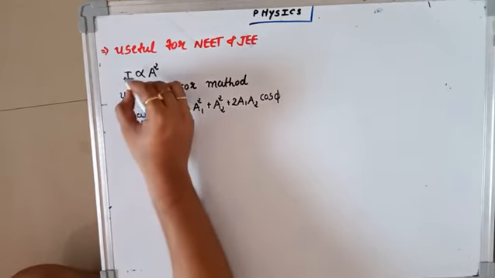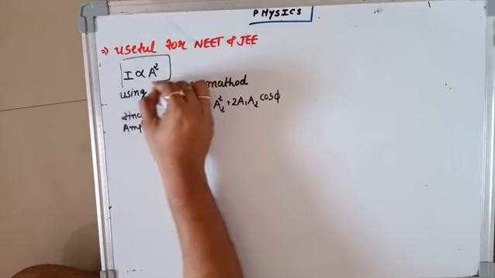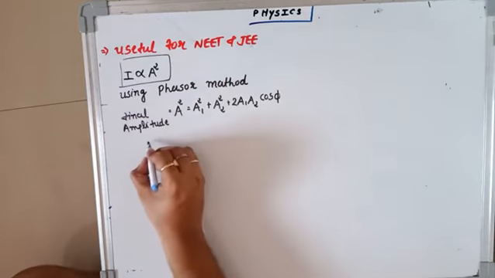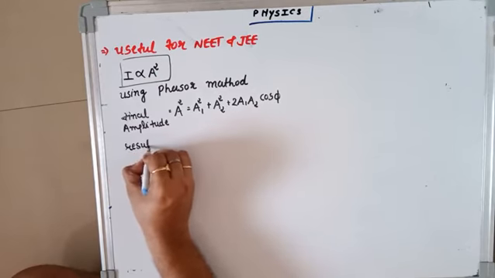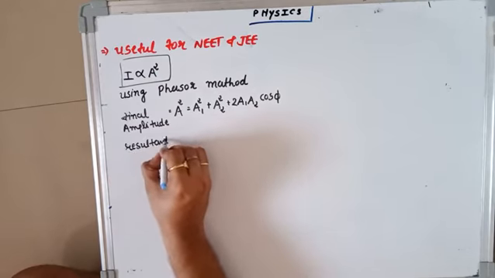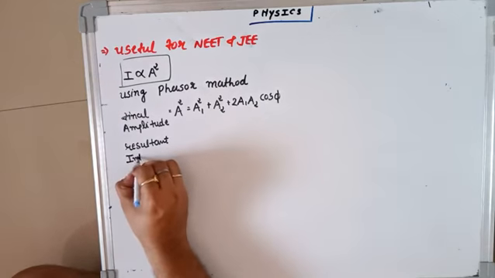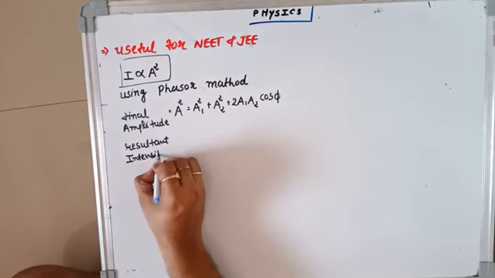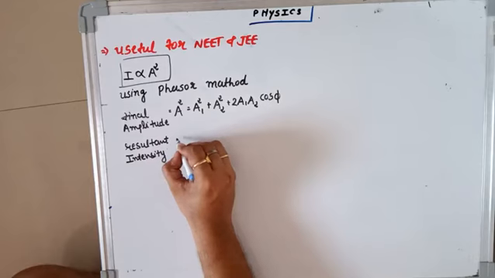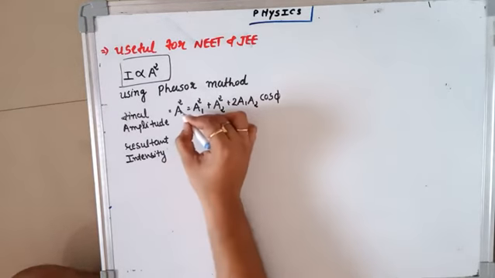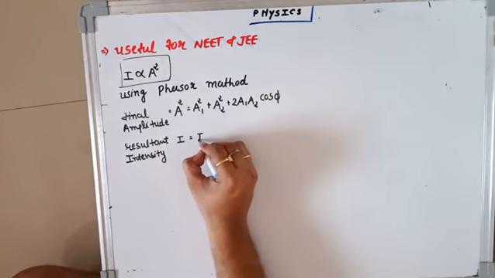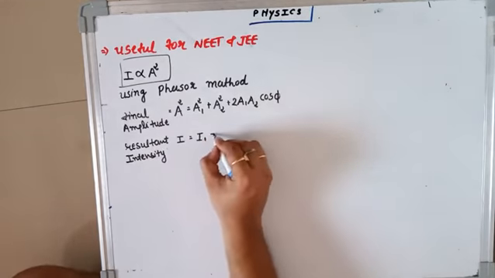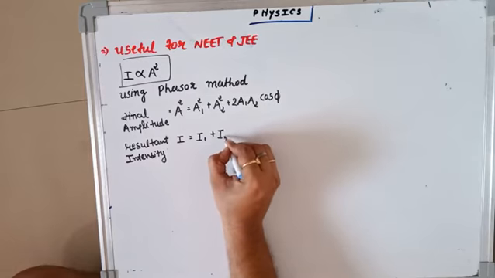Using this equation we use the relation of amplitude and intensity, the resultant intensity. A square is proportional to I, so A square is I, A1 square is I1, A2 square is I2.